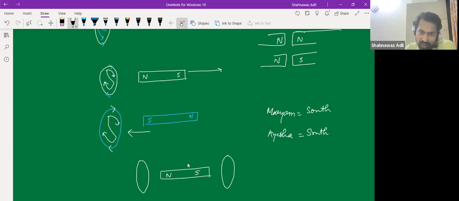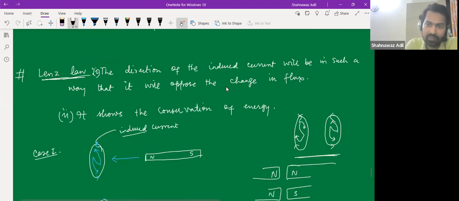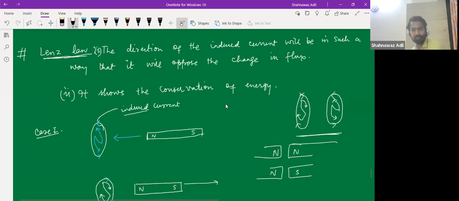The magnet is moving in this way. What would be the polarity of this and this coil? You think about it and tell me in the next class. But before that, please note it down.